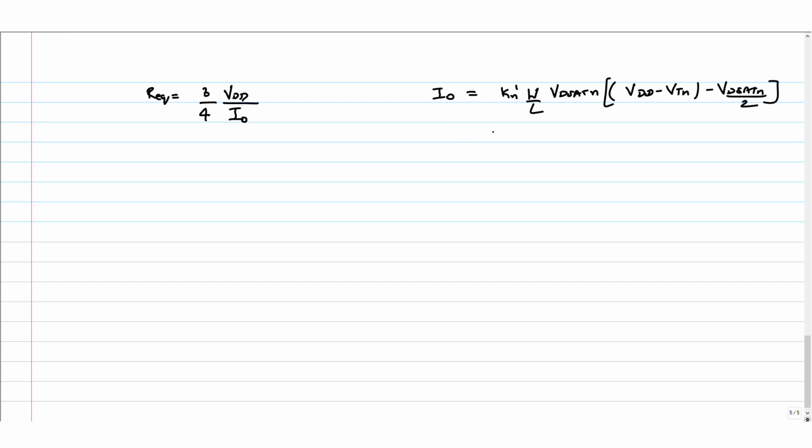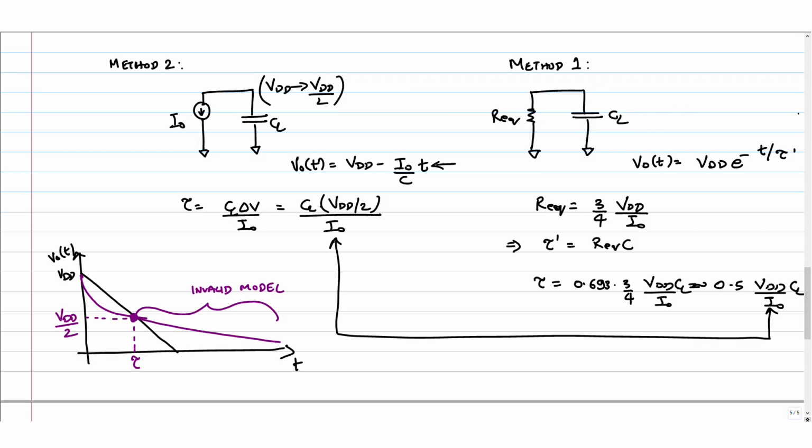If it is a long channel device and it enters the saturation region, then it is just Kn prime W by L into Vdd minus Vt whole squared and half, right? This is saturation, velocity saturation, it doesn't matter. So this is a long device, this is a short channel device.